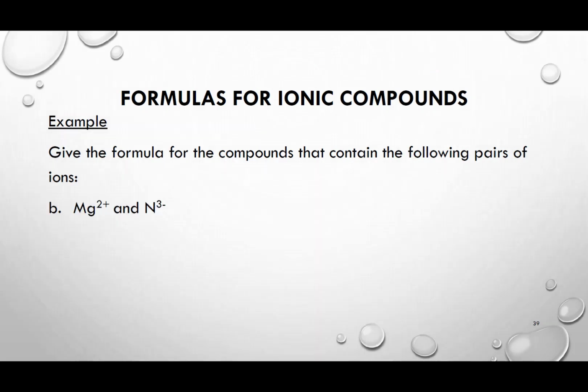Now let's do it for magnesium and nitrogen. The magnesium is in group 2. That's why it's 2+. Nitrogen is in group 5, but I told you guys from memorization, for now, know that it's -3. Then we're going to put it together. The metal always goes first, non-metal goes second.